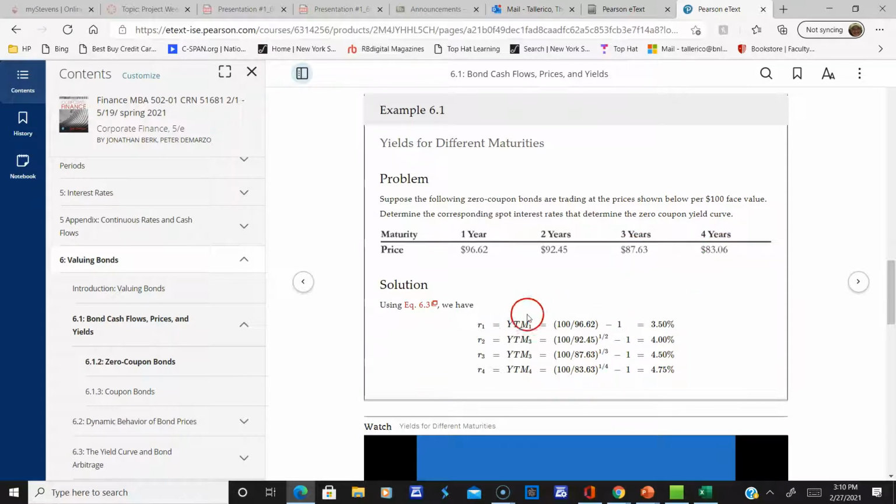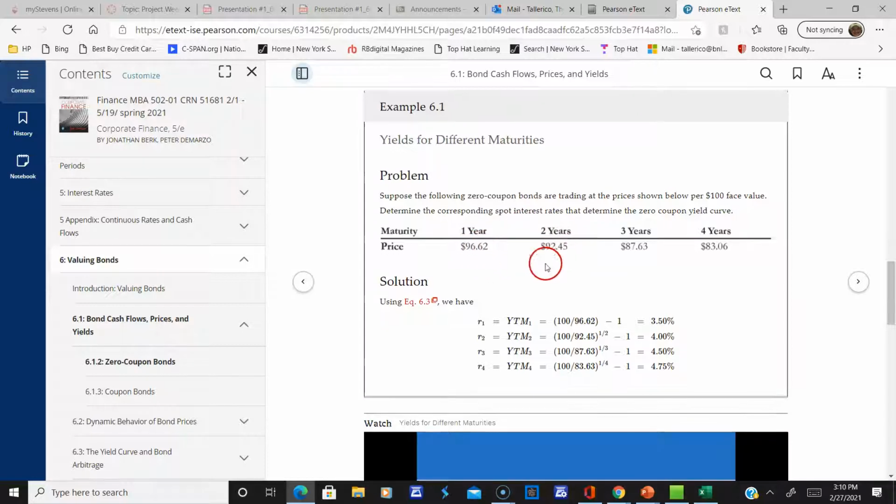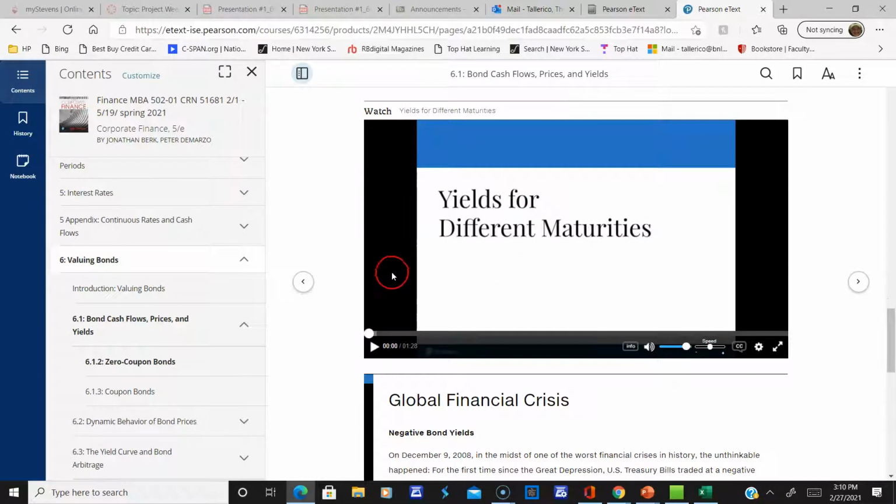You can clearly see interest rates are going up as the price is going down. So we're getting the spot rates, which are rates determined for the future. Let me play this, and then we'll move on.